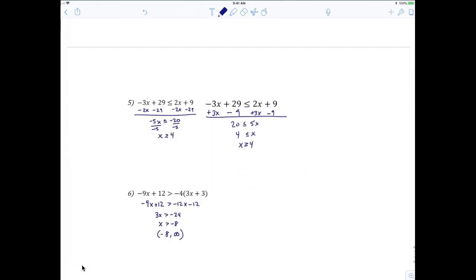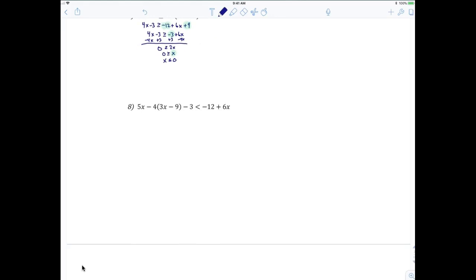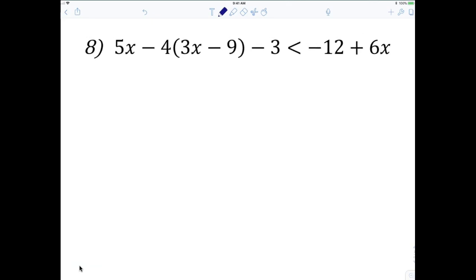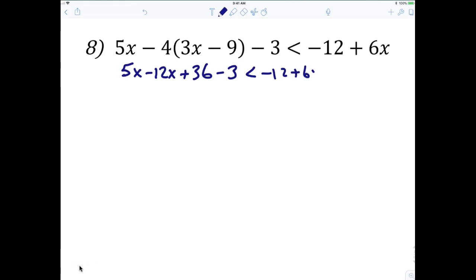So now let me give you a second to do number 8. All right, so distributing. Everybody happy with that so far? So now combining terms.